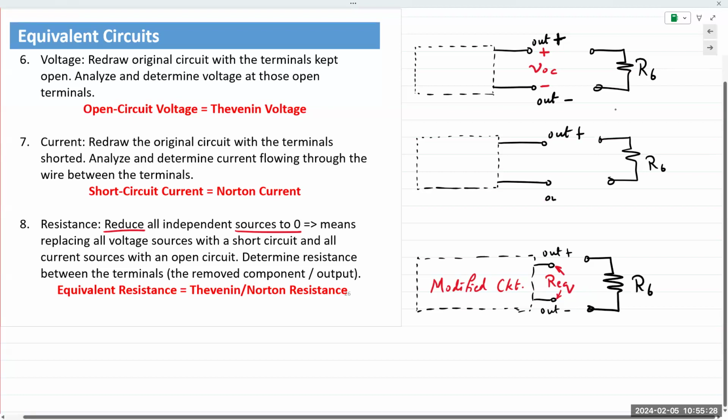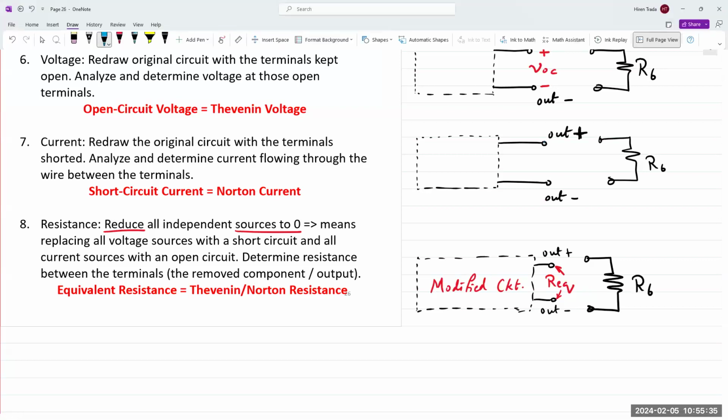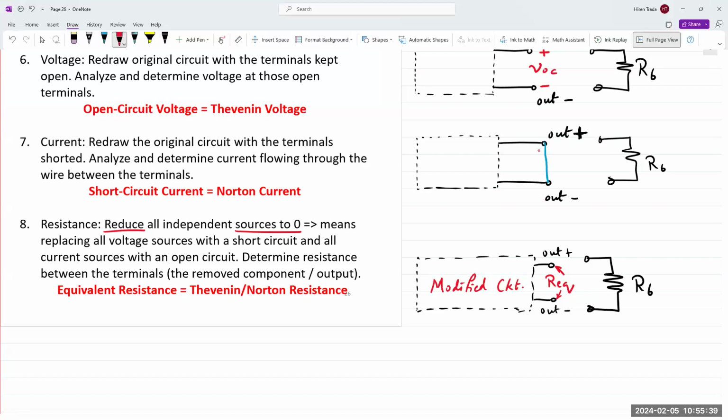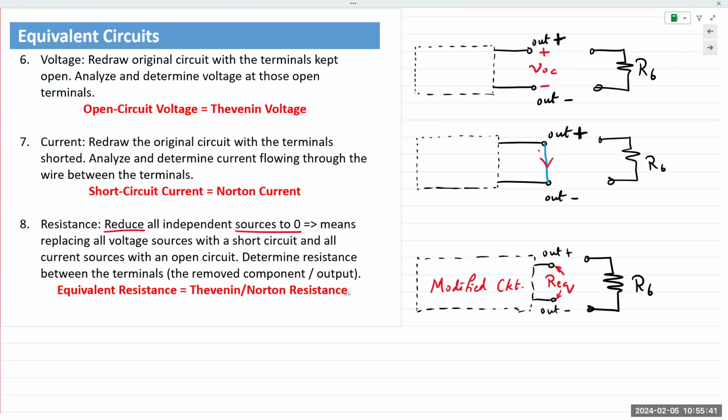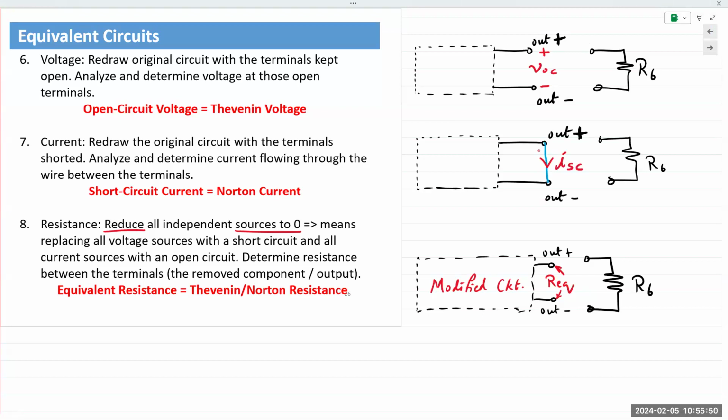Out plus, out minus, and I place a short circuit wire between the two terminals, and I note or calculate the short circuit, the current flowing through that short circuit. Hence the notation ISC, short circuit current between those terminals, and that would be my Norton current.